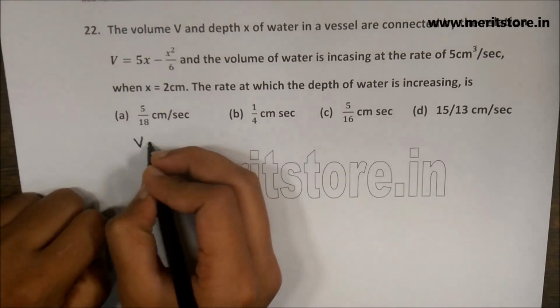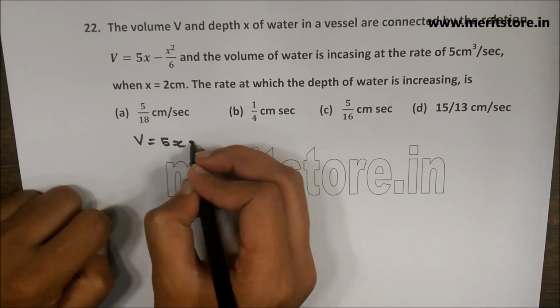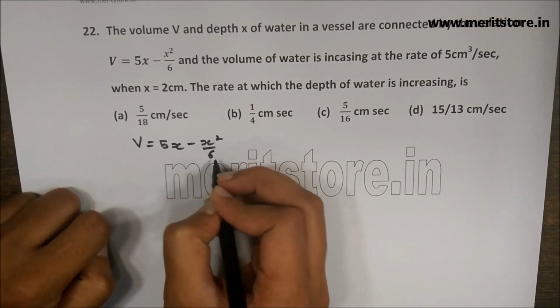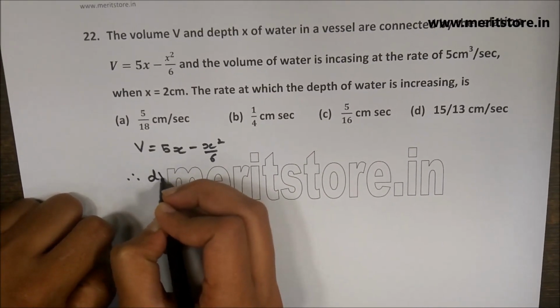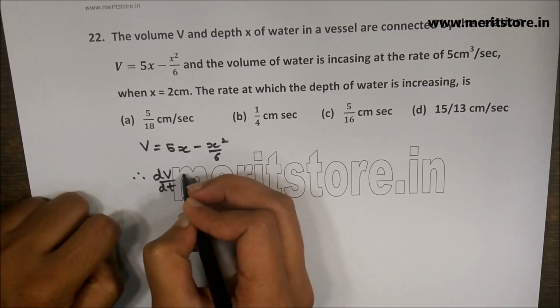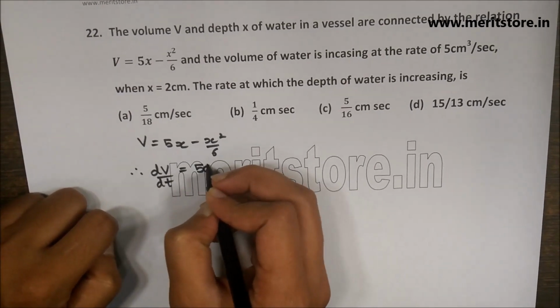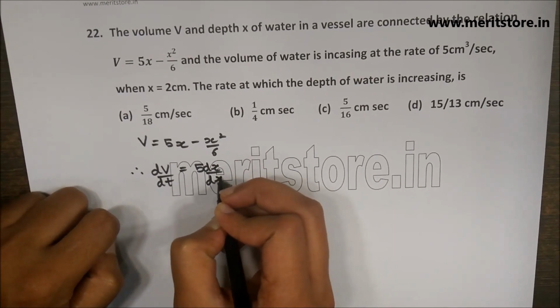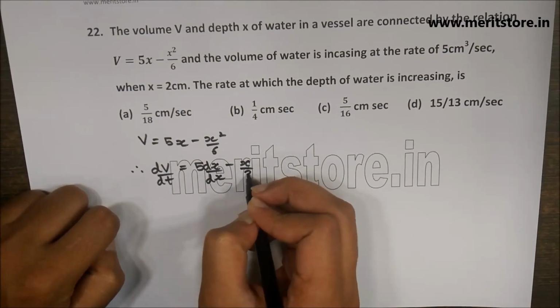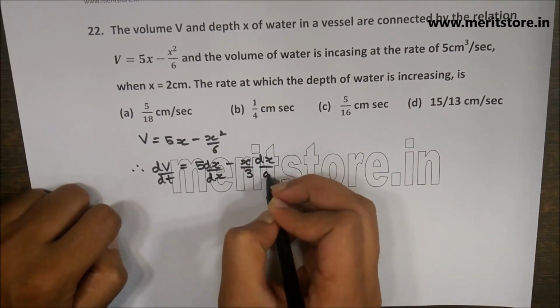We have given the volume is equal to 5x minus x square by 6. Differentiating this term with respect to t, dV by dt, we get 5 dx by dt minus x by 3 dx by dt.